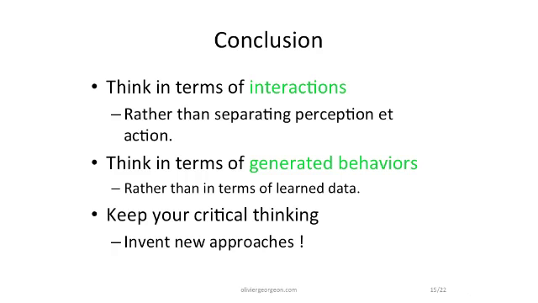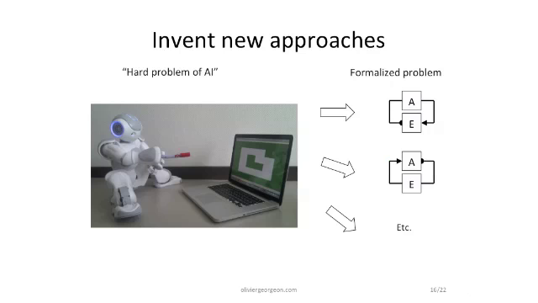And of course, you should keep your critical thinking and continue inventing new approaches. So we have this hard problem of AI, which is to generate sense making. And you can imagine different formalizations. The traditional formalization is to think in terms of observation.